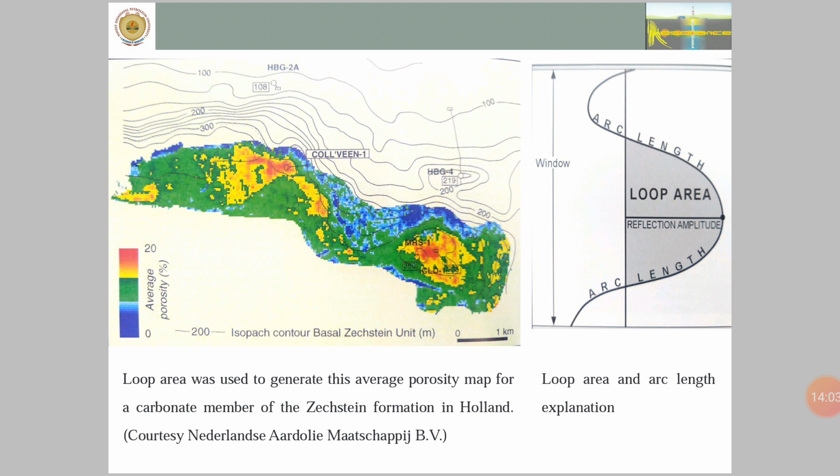And when we talk about the channels, we can actually see that they are dissociated meandering channels with a two lobe system. Both the lobes are shown with yellow and red. One of the lobes is seen on the west and another lobe is seen in the east. Loop area talks about reflection amplitude.